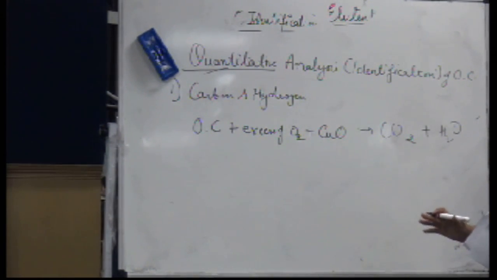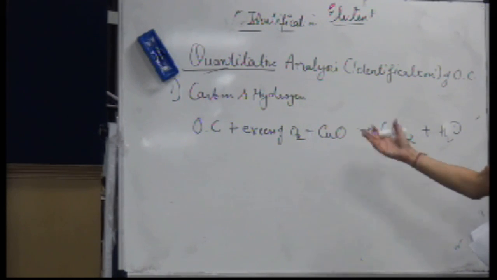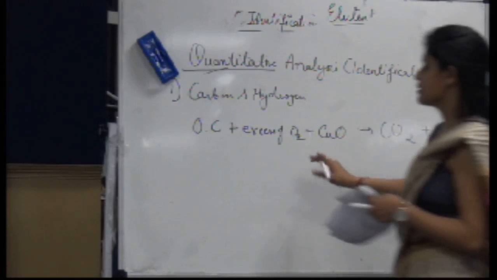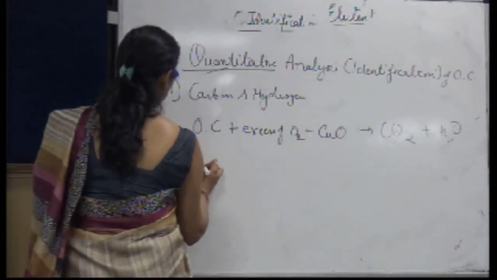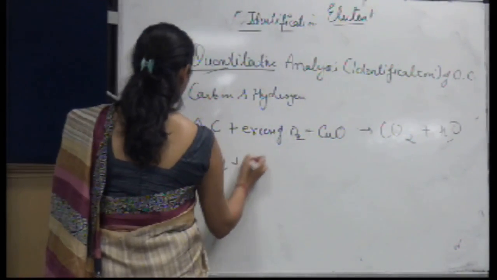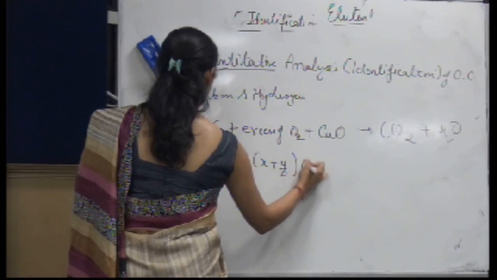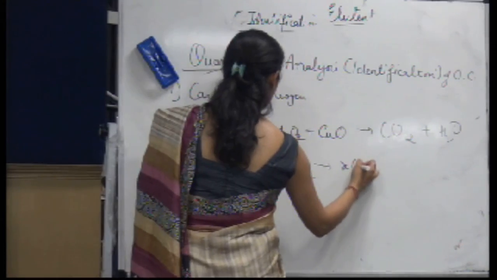This would happen. If you burn any organic compound, you will get carbon and hydrogen in the form of carbon dioxide and water vapors. Suppose I was given the formula of any organic compound, then this would be the reaction.